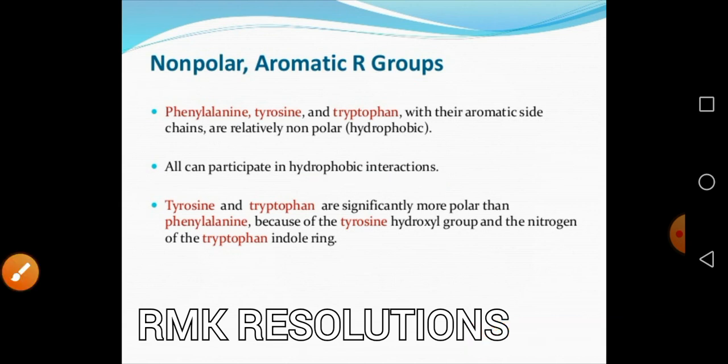Tyrosine and tryptophan are significantly more polar than phenylalanine, because tyrosine has a hydroxyl group, and tryptophan has a nitrogen group in an indole ring. That's why they are quite polar as compared to phenylalanine.